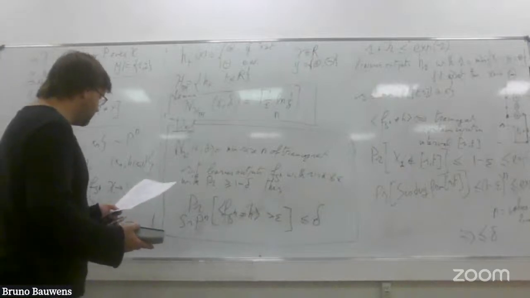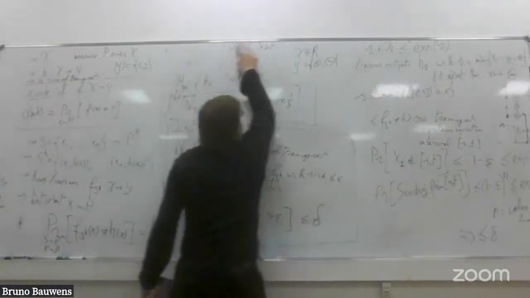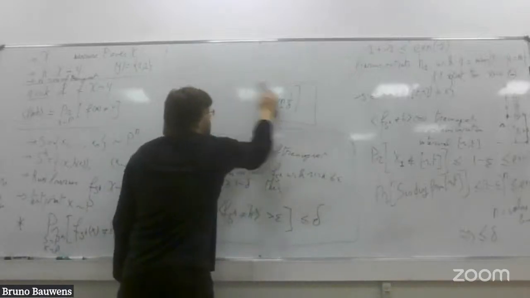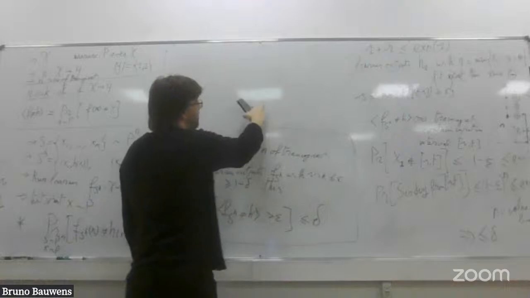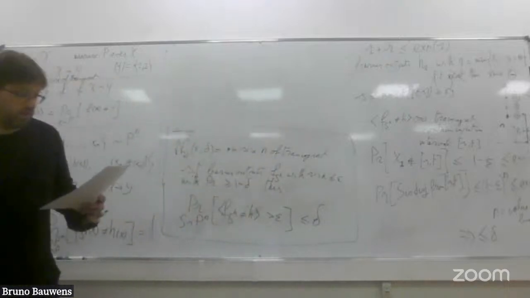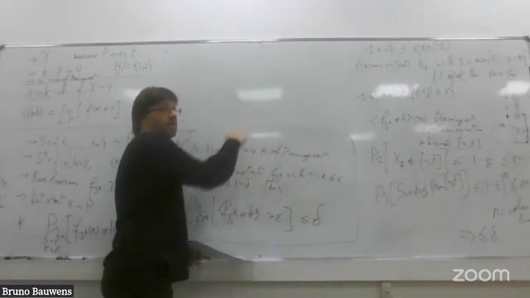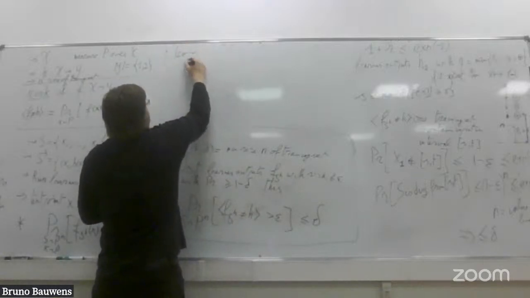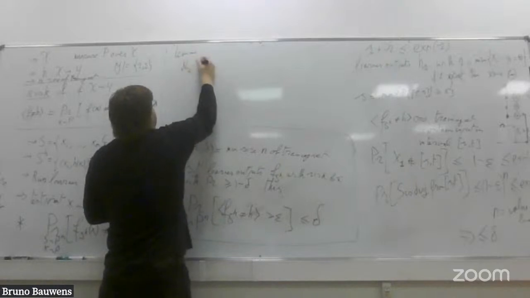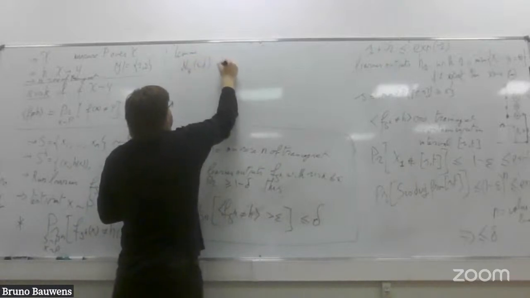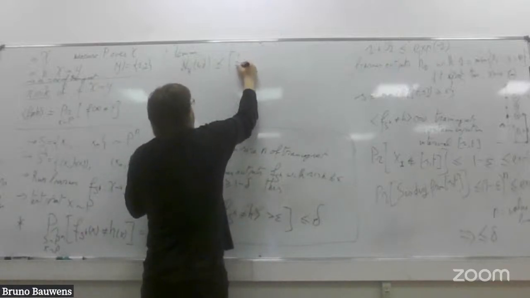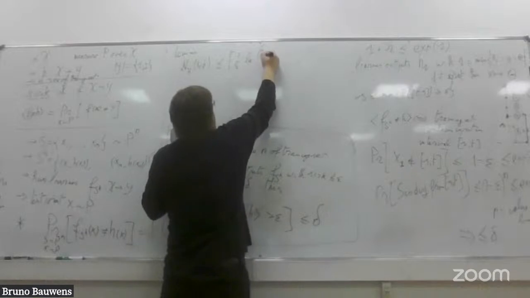So now the next one is a proposition. If H is finite, then the sample complexity is the same as this thing, but inside the logarithm there is the size of H. The lemma: m_H(epsilon, delta) is smaller than 1 over epsilon times ln of |H| over delta.